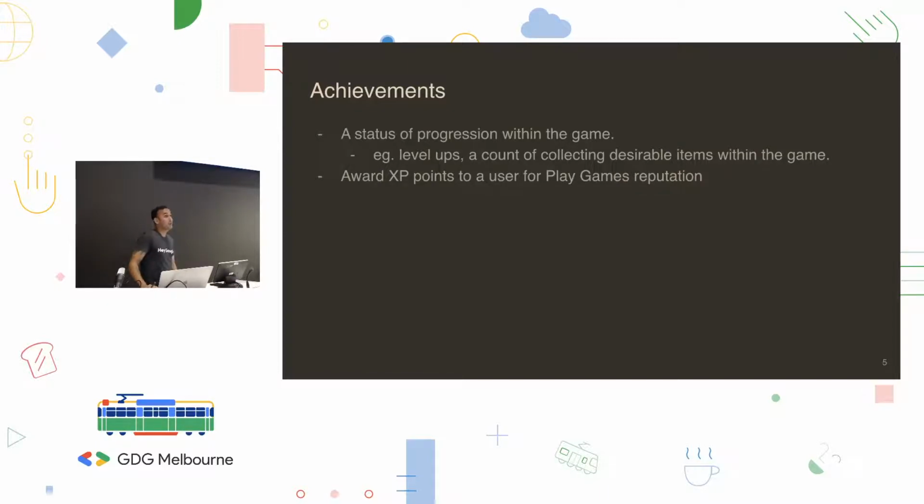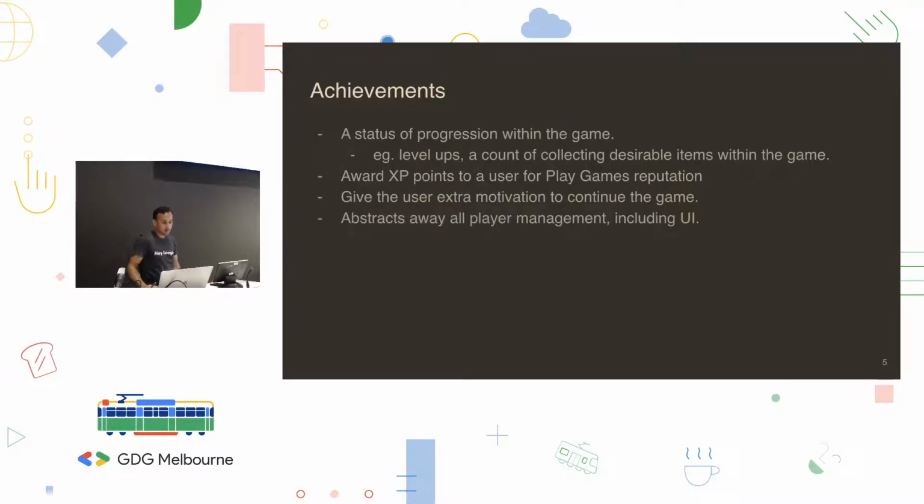So on Play Games and on Game Center, you can have categories of games, and as a user gets better at the game, you award XP points, and they get ranked. I guess the gratification is really nice for the user because when you unlock an achievement, you kind of want more, so you keep playing the game. Again, it also abstracts away all management, so you don't need to worry. It keeps you stable.